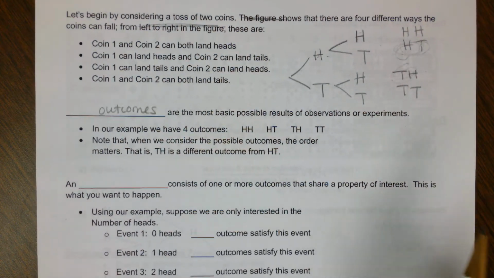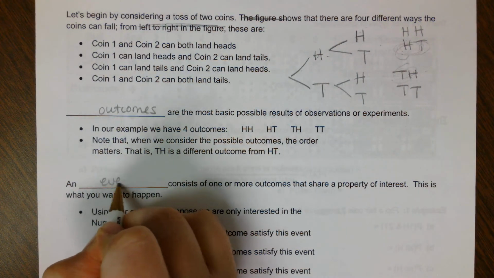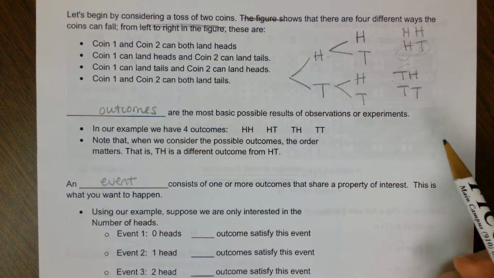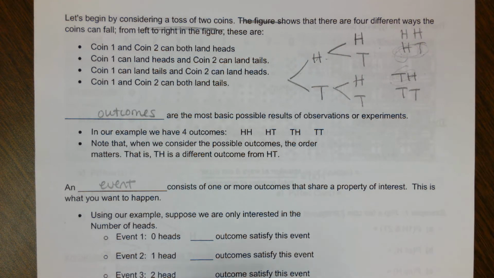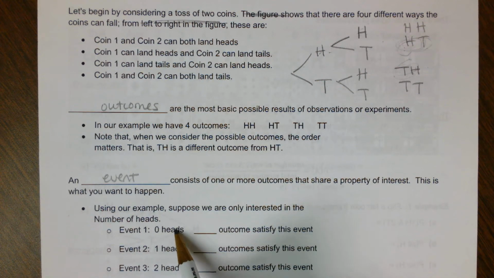Okay, but if we talk about an event, then we can talk about just a category, a quality, a situation that we want to have happen. So for example, we could talk about not getting any heads.